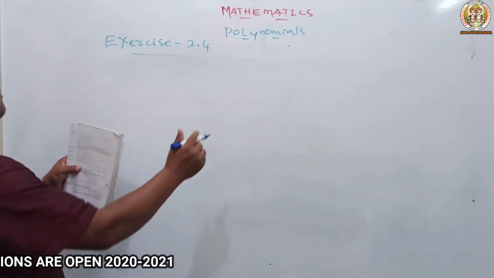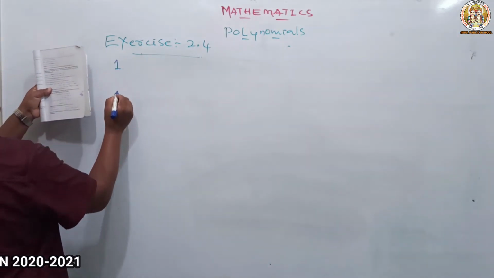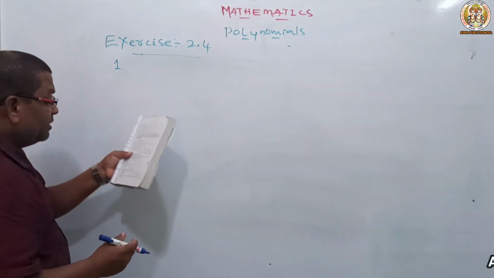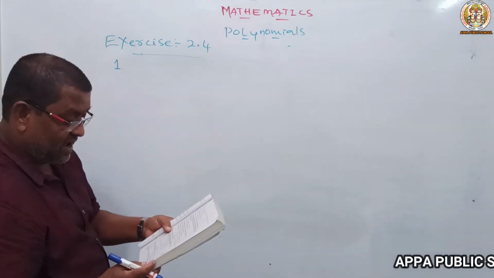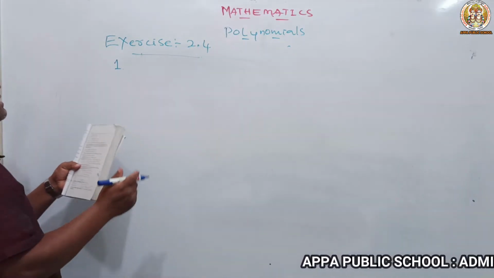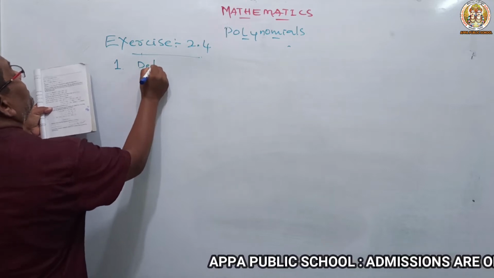What is the first bit of this exercise? Determine which of the following polynomials has x plus 1 as a factor.